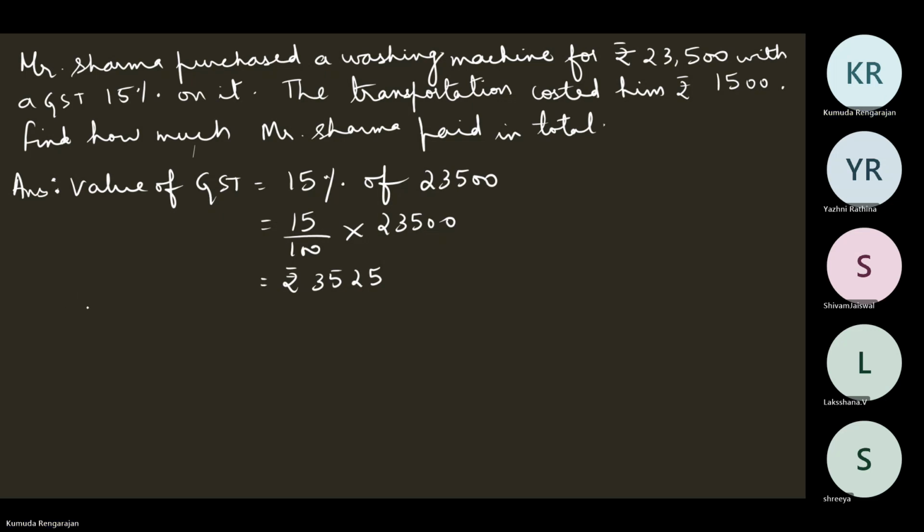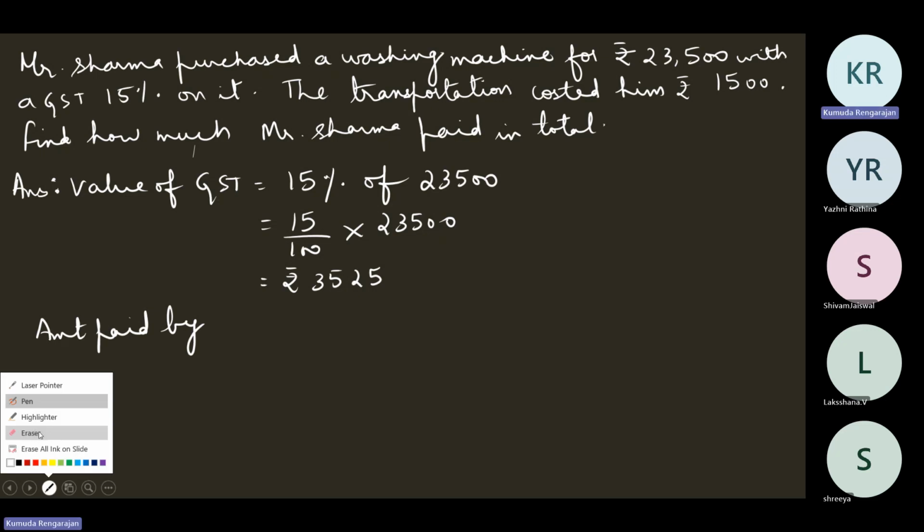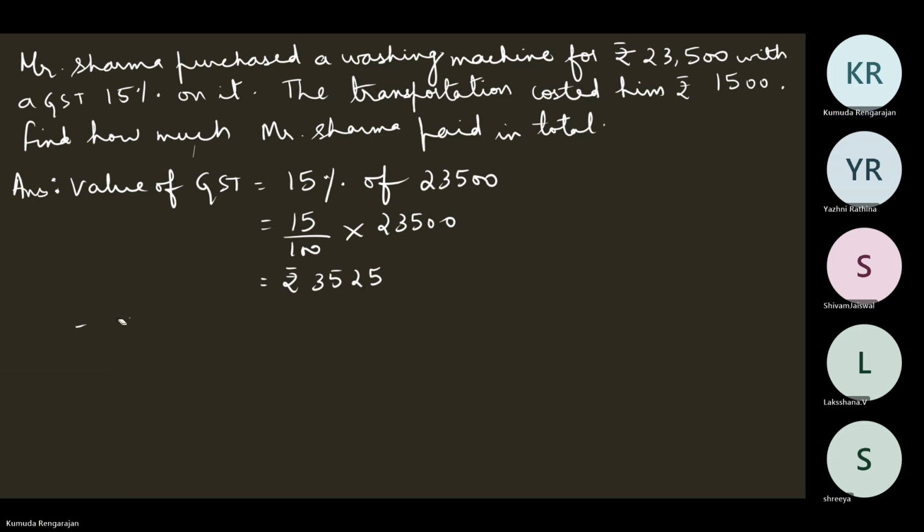So the amount paid by Mr. Sharma: cost of washing machine is equal to rupees 23,500.